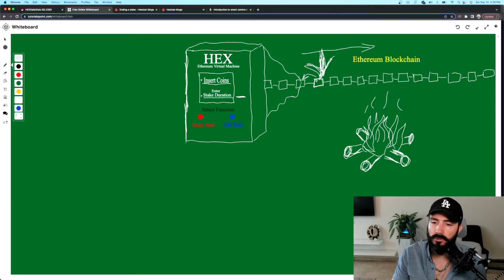So this block will include the hash. Let's pretend this is the hash, which is just a collapsed or compressed version of the previous block, which includes the hash of the previous block, which includes the hash of the previous block, and so on and so forth. And then the future block will include the hash of the present block, and so on and so forth.